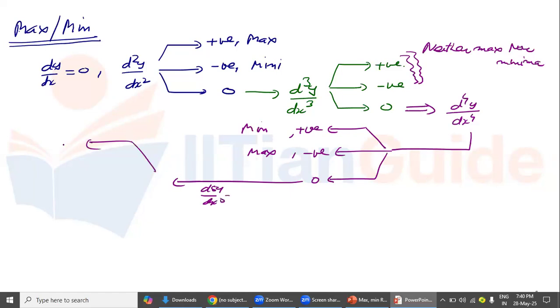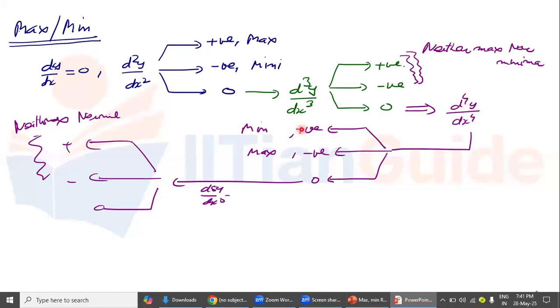It may come positive, it may come negative, it may come 0. When it comes positive or negative, so neither maxima nor minima. Normal. We can continue this way. But what I'm saying, the even derivative, the second derivative or the fourth derivative or after that the sixth derivative will decide maxima and minima, subject to the condition that all the previous derivatives are 0.